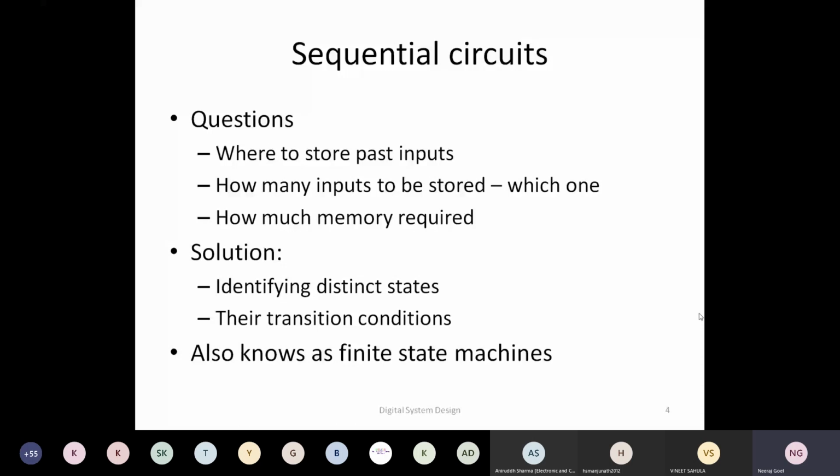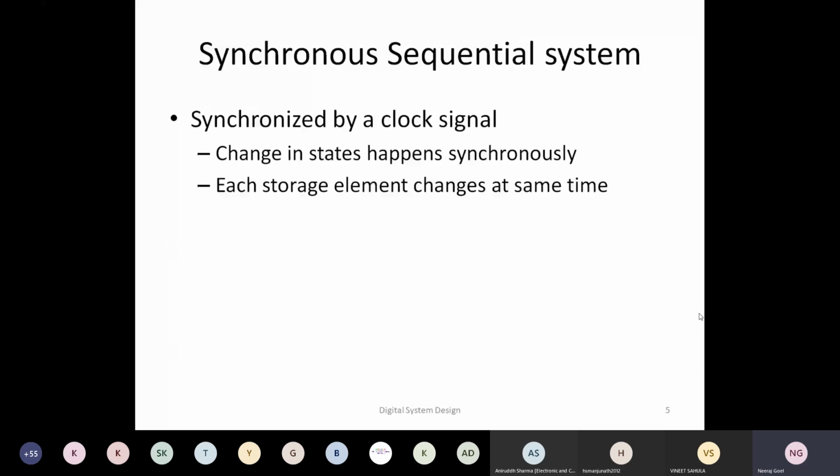Okay, so if we have identified those distinct states and their transitions, then half of our job is done. Then we have understood how we can design these sequential circuits. Okay, with this background, now the next important concept here is that most of the sequential systems which we design in our digital systems are called synchronous sequential systems.